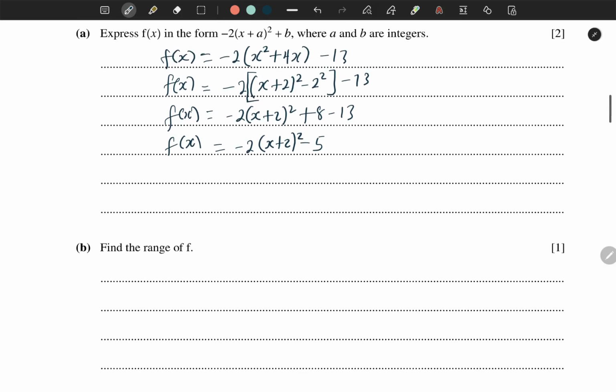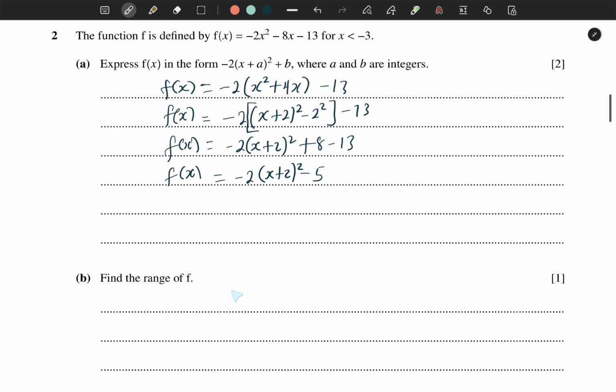Now next thing, find the range of f. To find the range of f, remember that the function is a quadratic function. So just take it from the result you obtained there, which is minus 2(x plus 2) squared minus 5. When you look at this now, the turning point of this function, which is also the maximum, is the maximum because the coefficient of x squared is negative. So the turning point there is (minus 2, minus 5), which means the maximum value you will get here is minus 5.